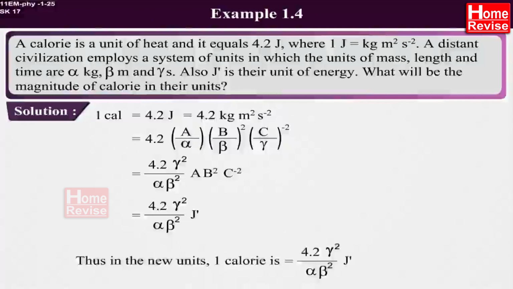Thus, in the new units, 1 calorie is equal to 4.2 gamma square upon alpha beta square multiplied by J dash.